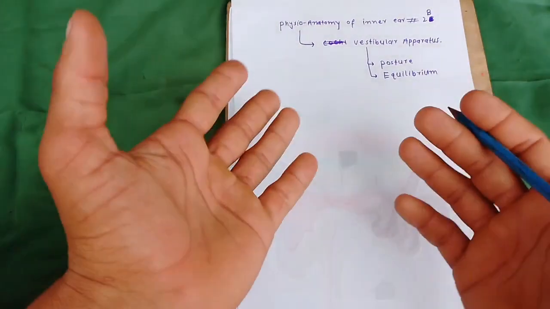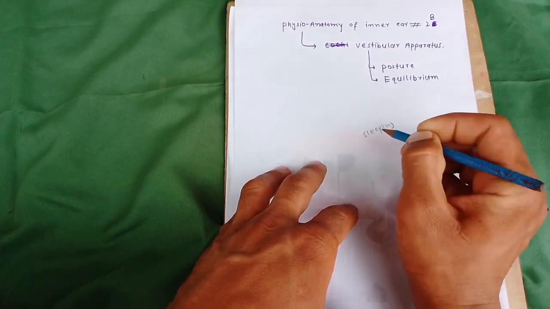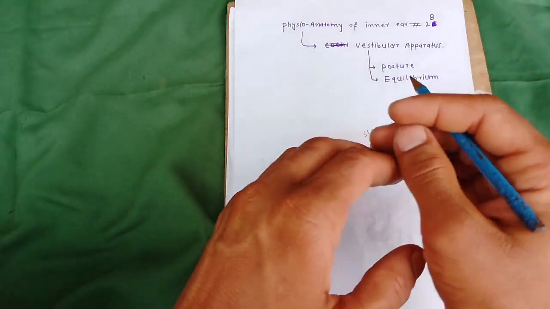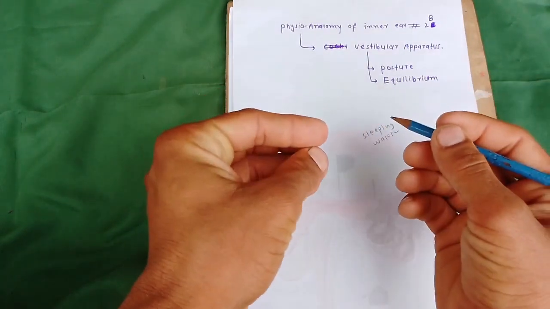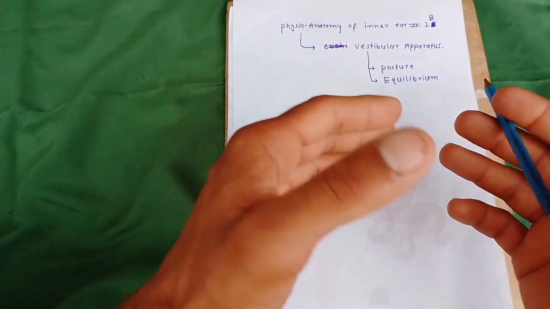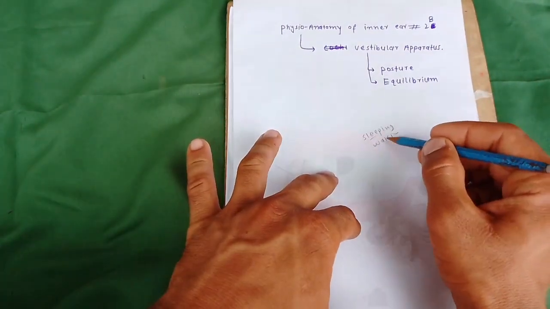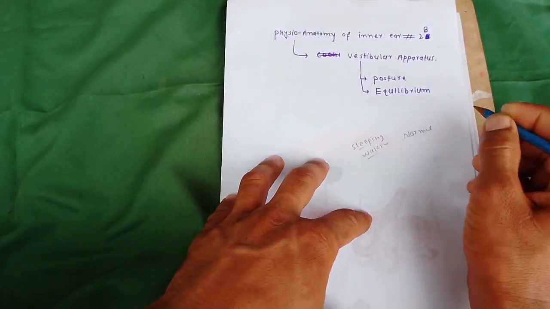For example, if a man is sleeping, walking, jumping, running, or doing any work, these are all normal postures.